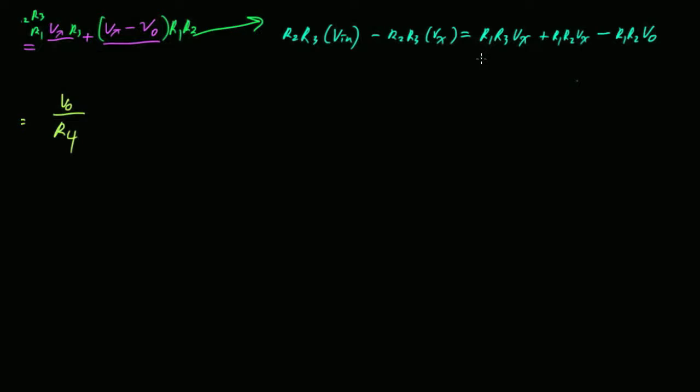So why don't I rewrite this as Vx times (R1 R3 plus R1 R2 plus R2 R3), so that was bringing that term over there, minus R1 R2 V out, and that's going to equal R2 R3 V in.